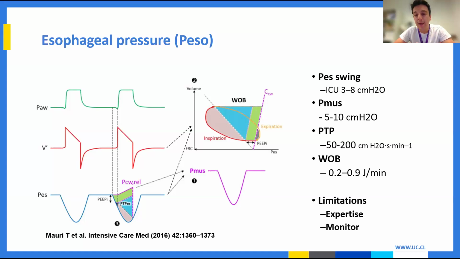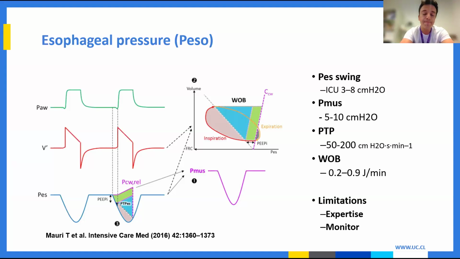Using this esophageal pressure, if you calculate the time integral, then you can calculate the pressure time product, which is a very good variable to estimate the breathing effort. Actually, it's one of the gold standards because it's correlated with the oxygen consumption. And if you correlate what is happening with the pressure and the volume, and you use the Campbell diagram, you can estimate the work of breathing that is measured in joules per minute.